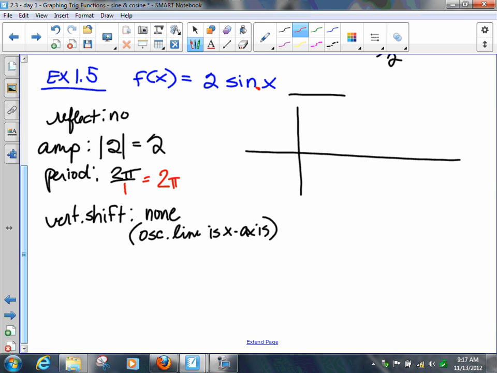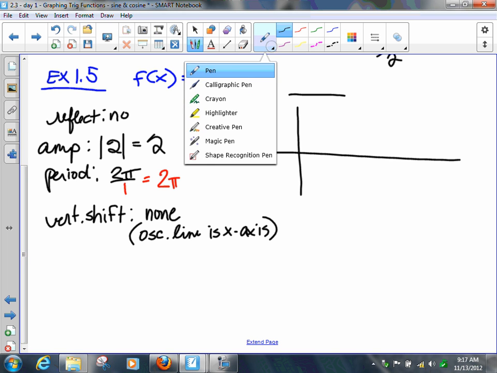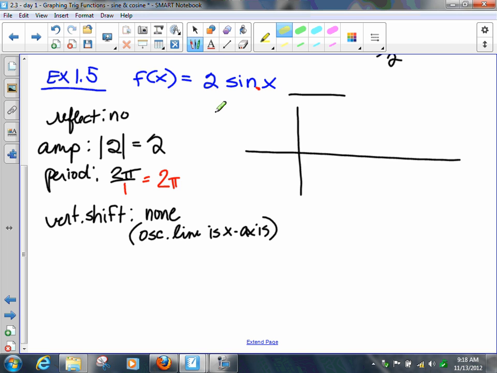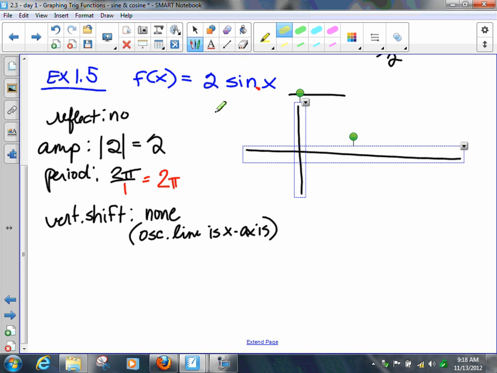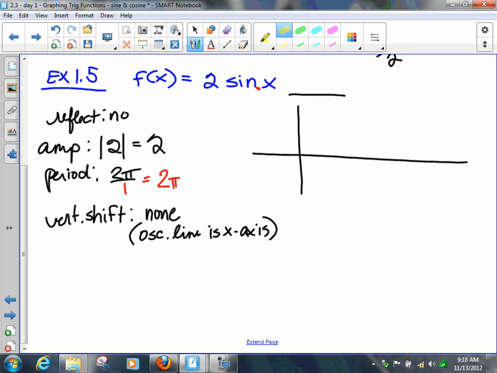Sine curve. Okay? Where is our oscillation line? It's the x-axis. Let me see if I can do this. Okay. All righty. Here it is.